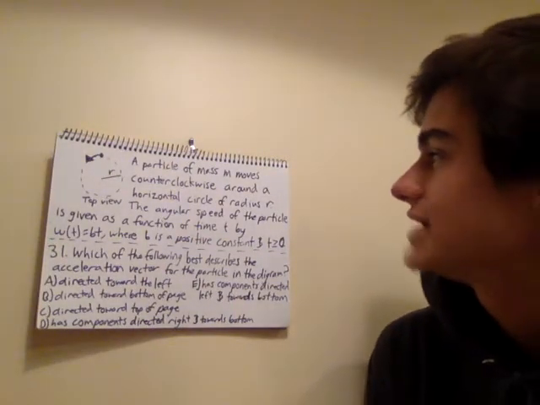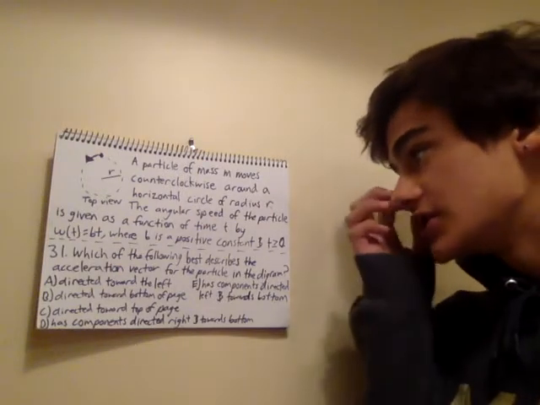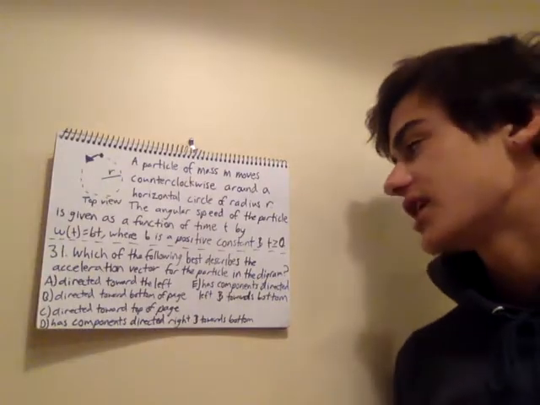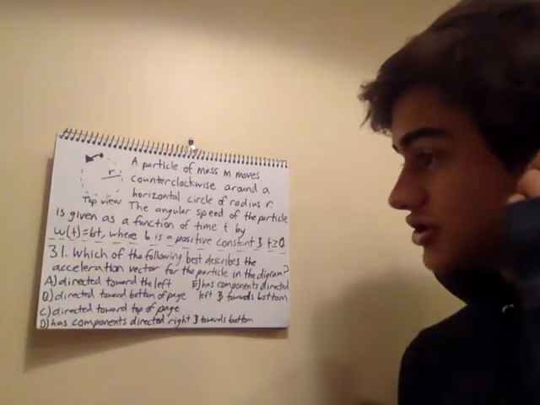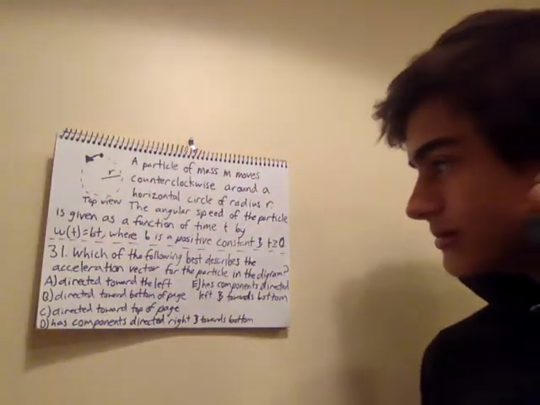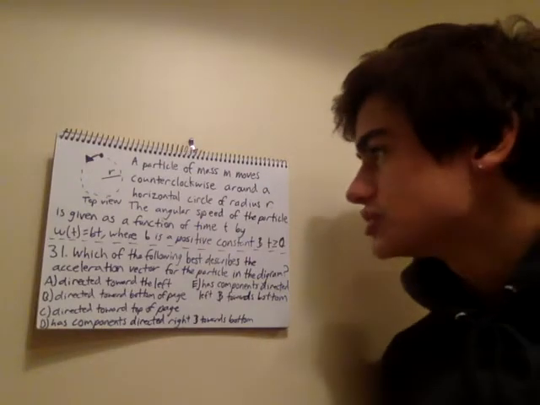A particle of mass m moves counterclockwise around a horizontal circle of radius r. The angular speed of the particle is given as a function of time t by the equation angular speed equals bt, where b is a positive constant and t is greater than or equal to 0.